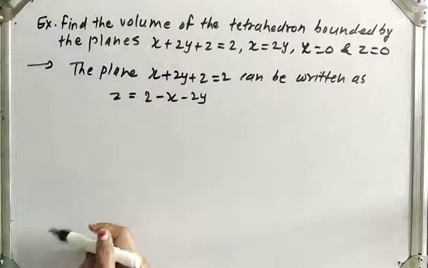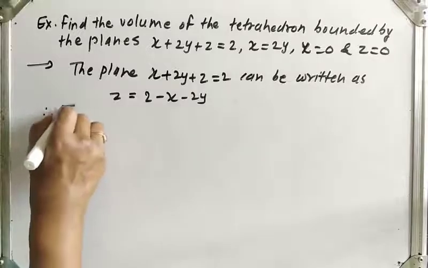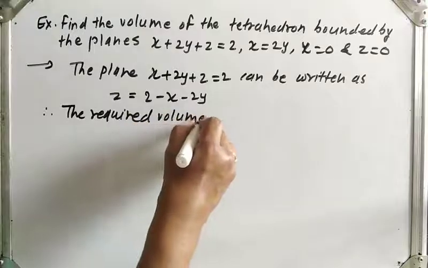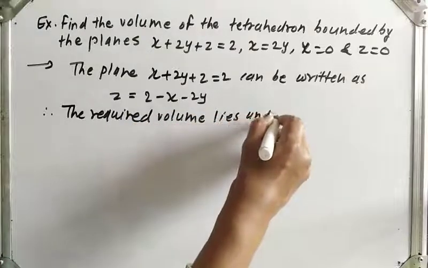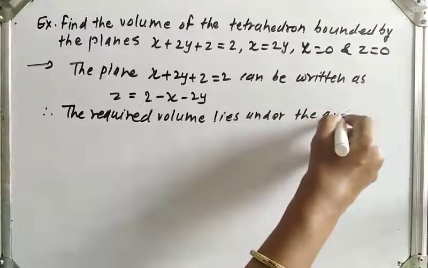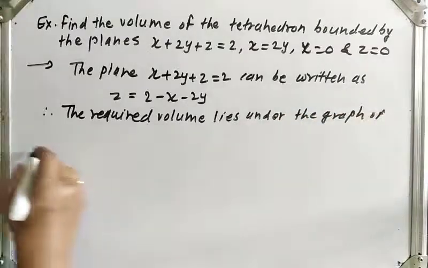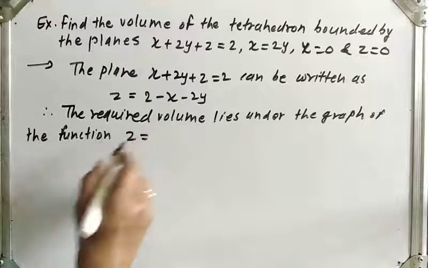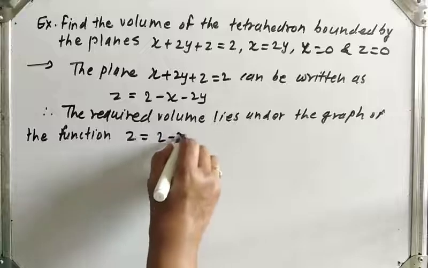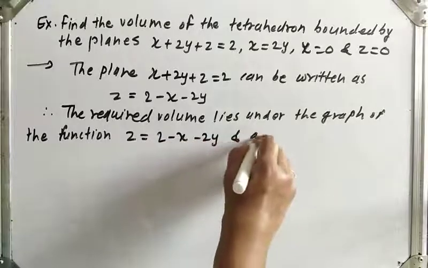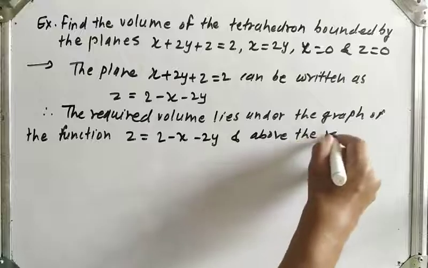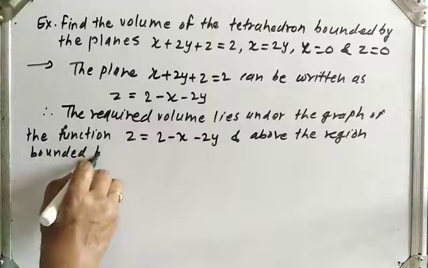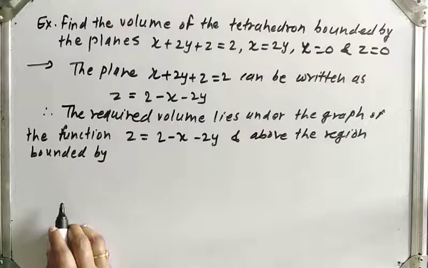So we will write: therefore the required volume lies under the graph of the function z is equal to 2 minus x minus 2y, and above the region bounded by which region?